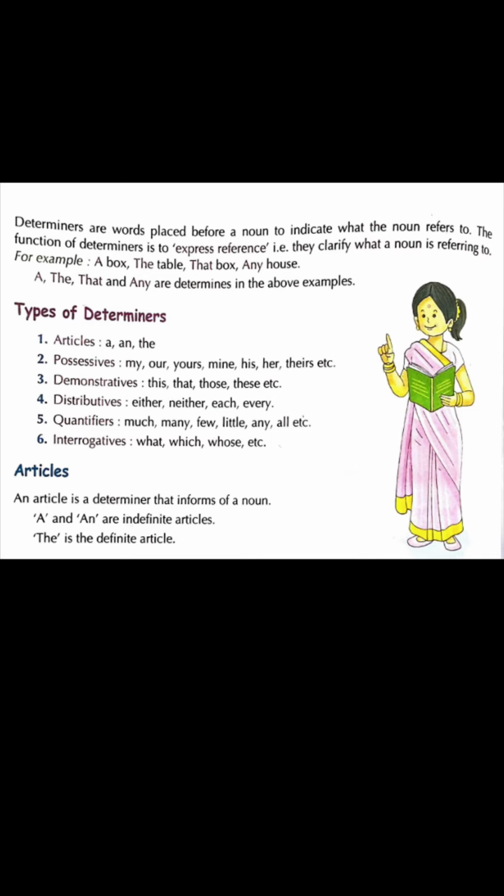Now you have at least 6 types of determiners: articles, which are like a and the; possessives, which are my, our, yours, mine, his, her, theirs, etc. Demonstratives are this, that, those. Distributives are neither, either, each, every. Whereas quantifiers are like much, many, few, little. Interrogatives are what, which, whose, etc.